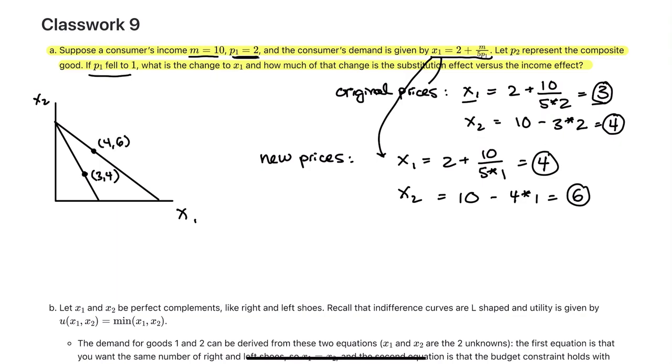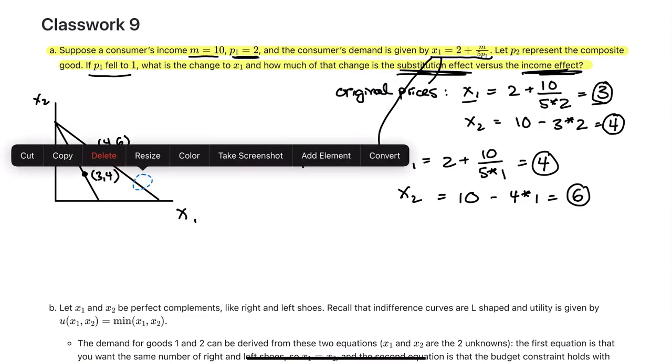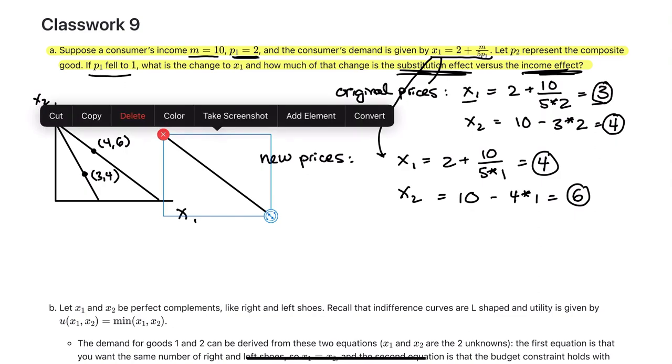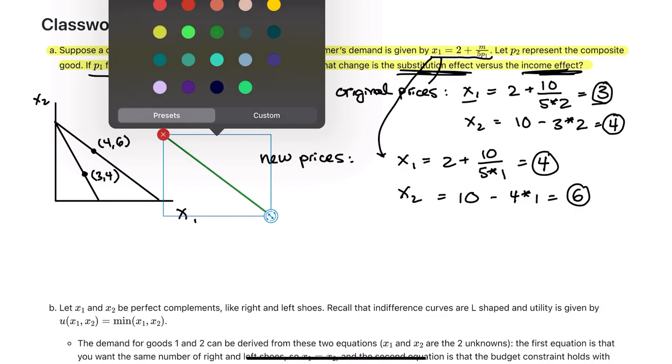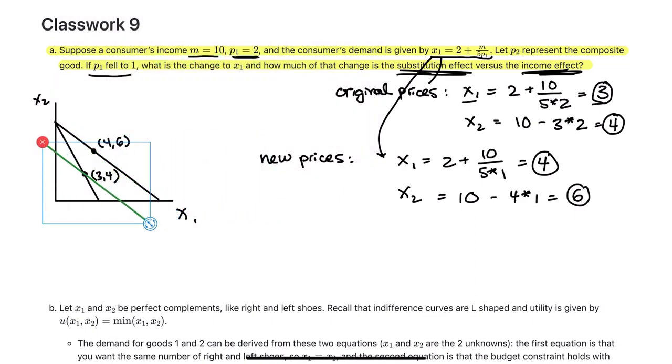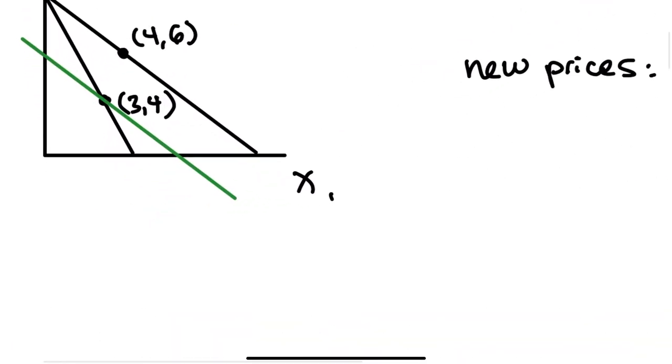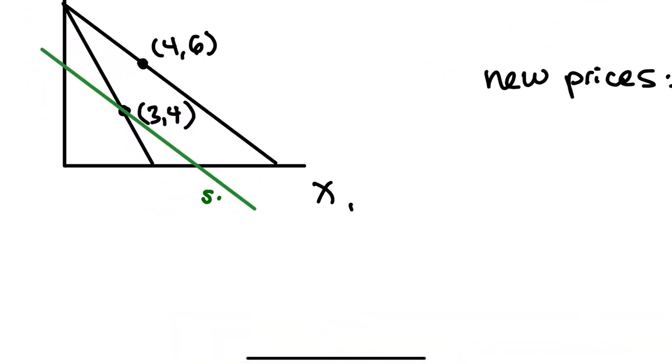But the question is, how much of that change is due to the substitution effect? How much of that change is due to the income effect? To find out, we want to decompose this change from 3, 4 to 4, 6 into 2 changes. 1, the substitution effect, and 1, the income effect. I'm going to draw this in green. This will be what I call the substitution effect budget line.